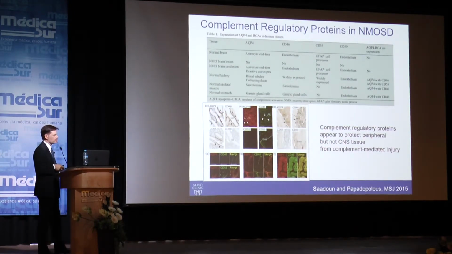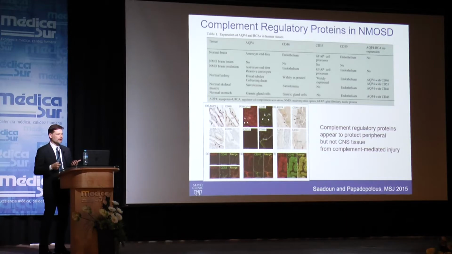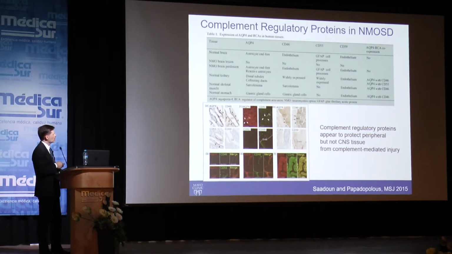Finally, there's this interesting question about why we see lesions in NMO in the brain, but other organs that express a lot of aquaporin 4 are not affected or rarely affected. One of the answers might be complement regulatory proteins.